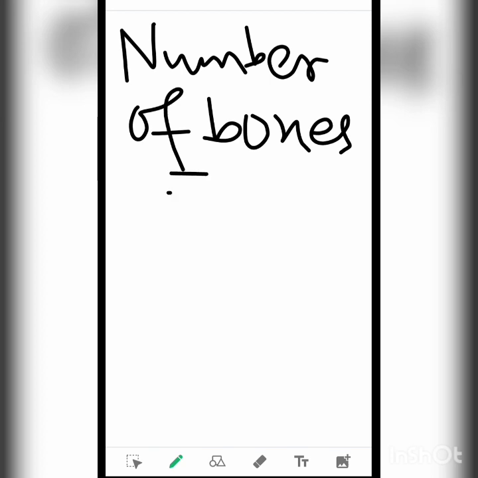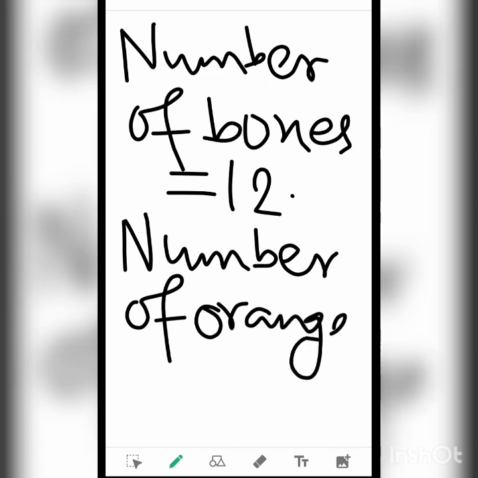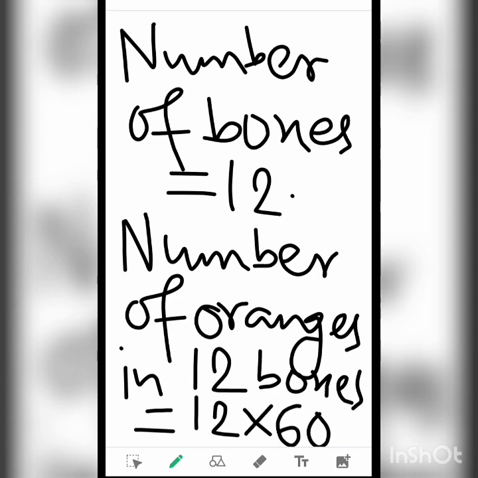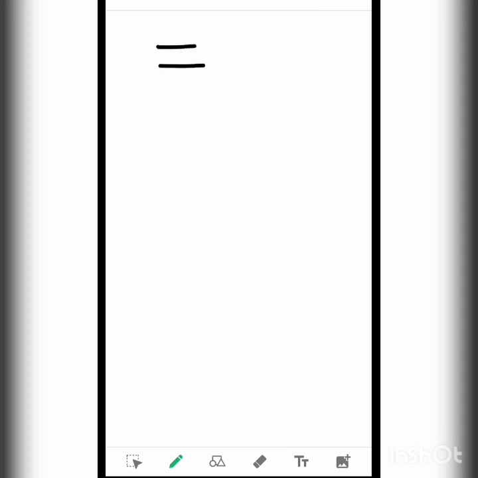Here the number of boxes is 12. Then you will write number of oranges in 12 boxes. Number of oranges in 12 boxes will be given by 12 multiplied by 60. Now when you multiply them, coming to the next board, you will get the answer 720.